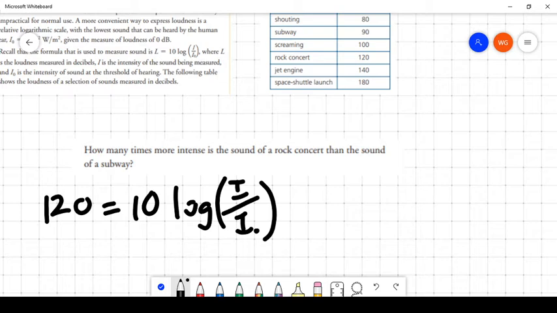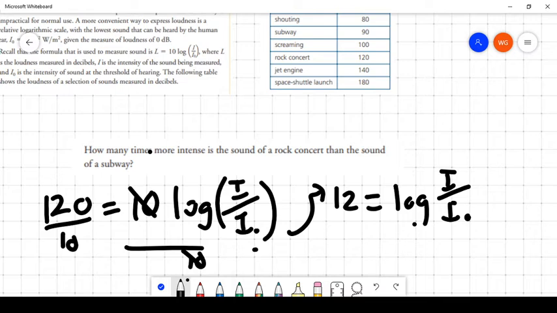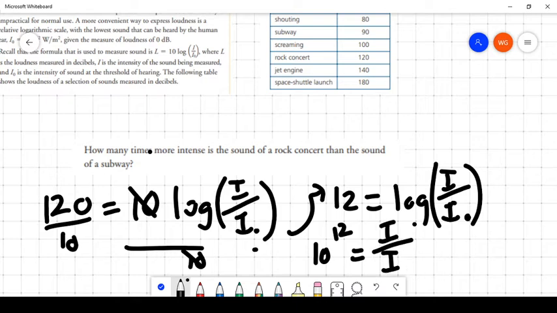We can divide both sides by 10, which leaves us with 120 divided by 10, so 12 equals log base 10 of I over I0. This can be written as an exponential: 10 to the power of 12 is the relative intensity of the rock concert compared to a sound of 0 decibels.